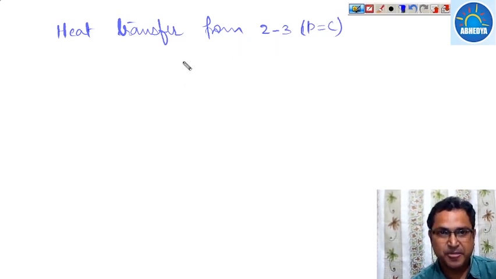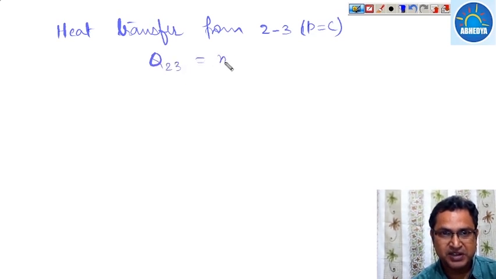So Q2 to 3 is nothing but mCp (T3 minus T2).